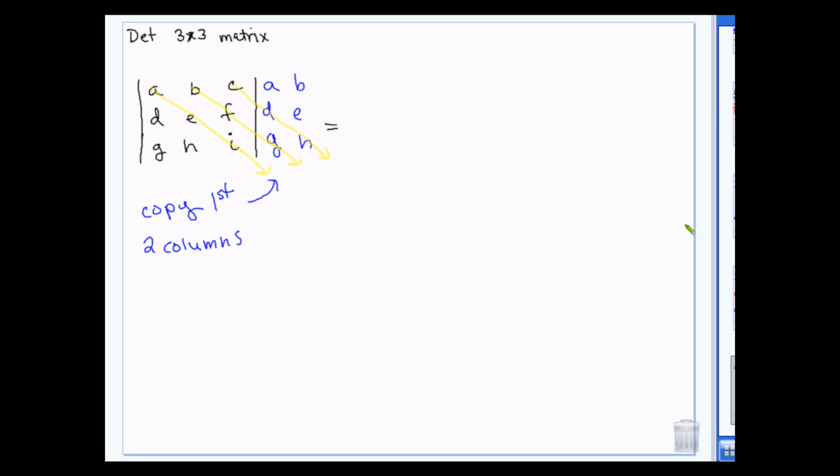Okay. And we take those and we multiply A times E times I plus B times F times G plus C times D times H. And we add all those together. So these are the downward yellow diagonals.